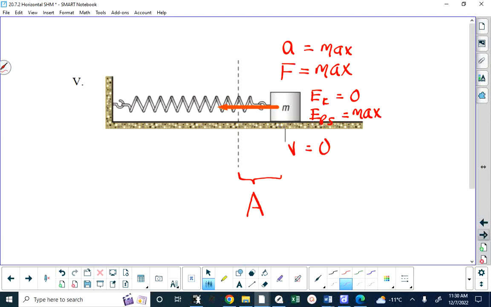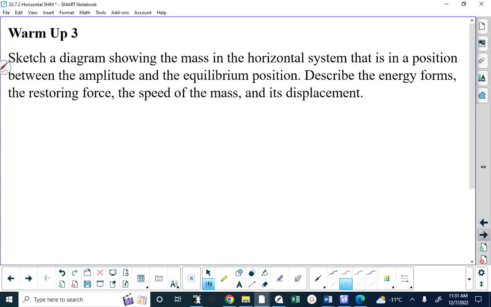But what we haven't talked about, and this is where it started, is what's going on here, in between zero displacement and the amplitude. I didn't want to add that extra diagram in here because I think it would get too confusing. So let's take a look at warm-up 3.